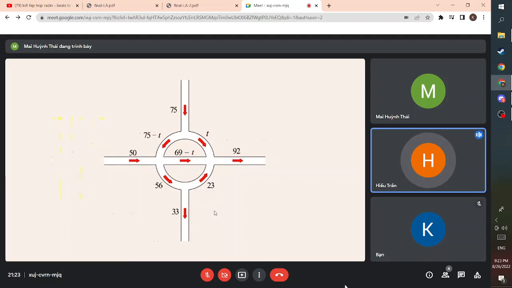So the range of values for t must give reasonable results.